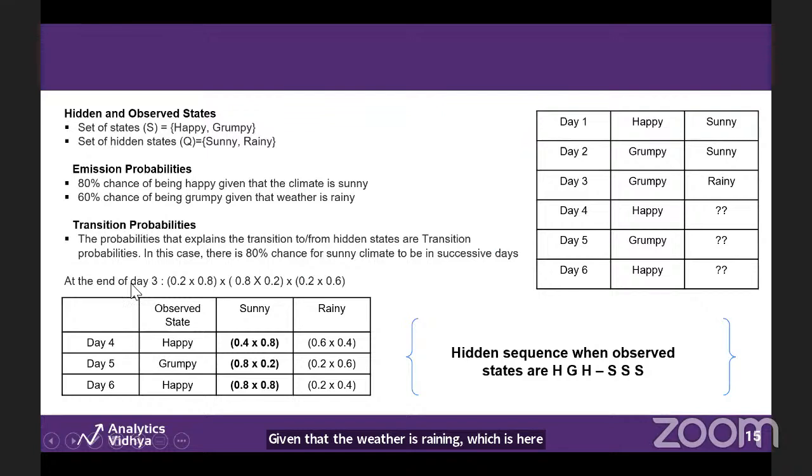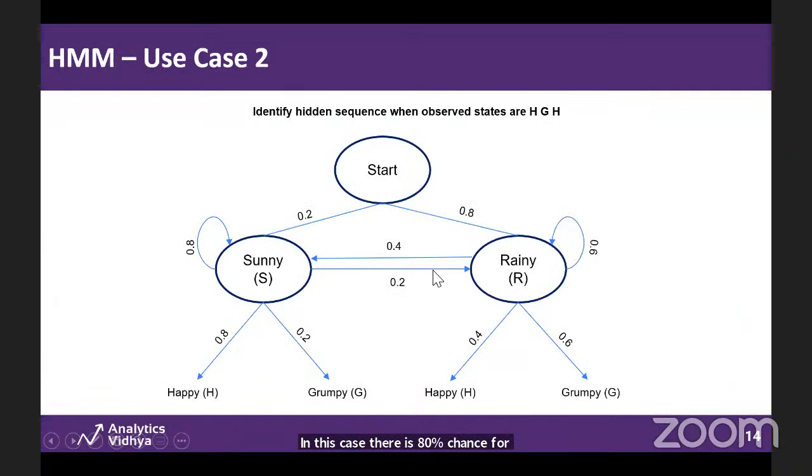Coming to the transition probability, as I explained earlier, the probabilities that explain transition from or to the hidden states are called transition probabilities. In this case, there is an 80% chance for sunny climate to be in successive days. So if day 1 is sunny and day 2 is sunny, the transition probability would be 80%.